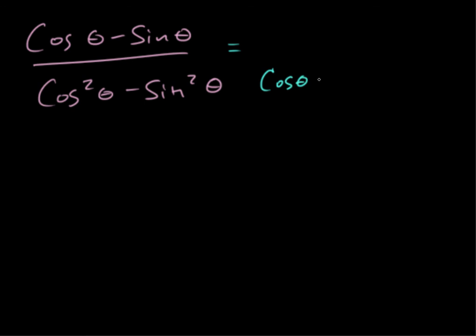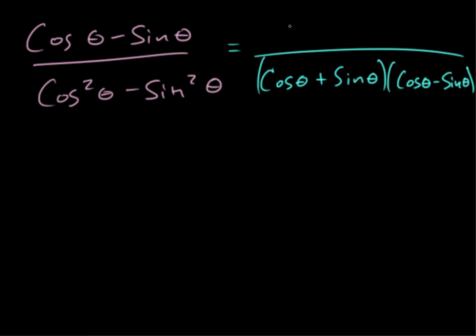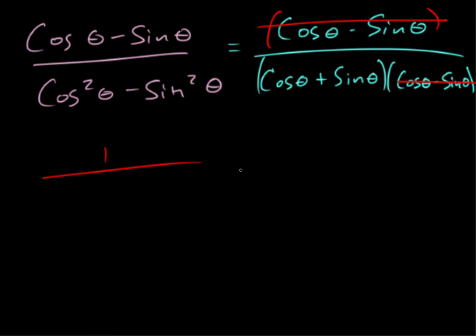So it's cosine plus sine times cosine minus sine. We still have cosine minus sine. There's implied parentheses up there. That cancels, that cancels. And so we have to leave a 1 on top because everything went away.